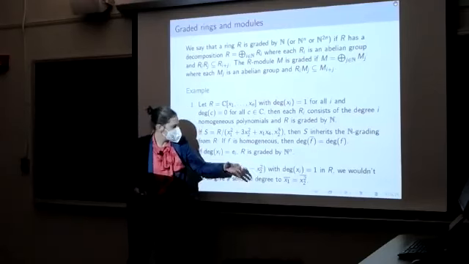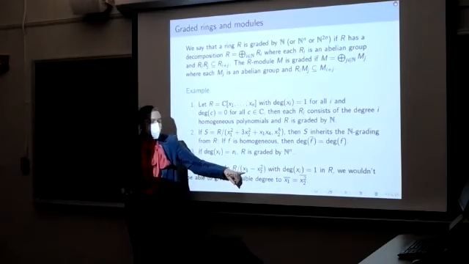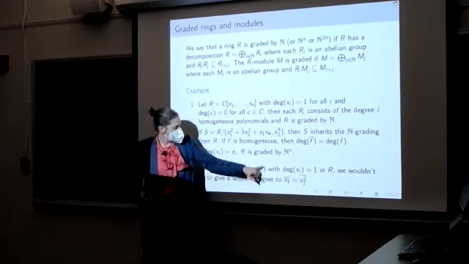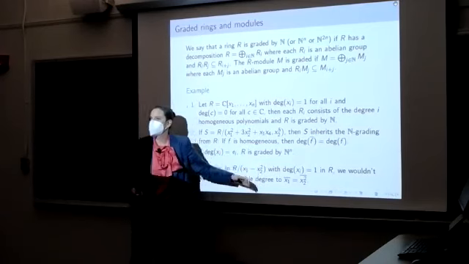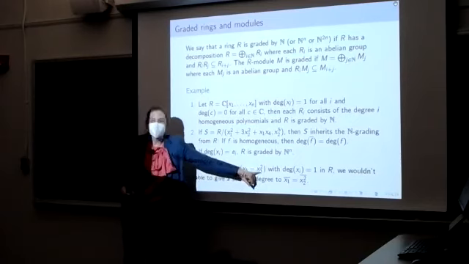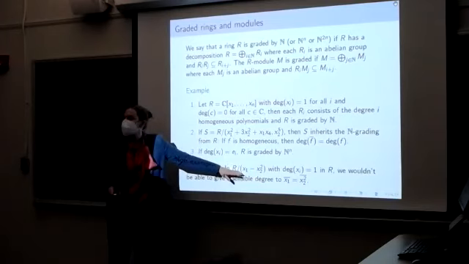This ideal has no homogeneous generating set. The image of x1 in this quotient ring we would want to give degree 1, and the image of x2 squared we would want to give degree 2. But in this ring, x1 and x2 squared are the same, so there isn't a notion of grading we could apply to a quotient ring like this.